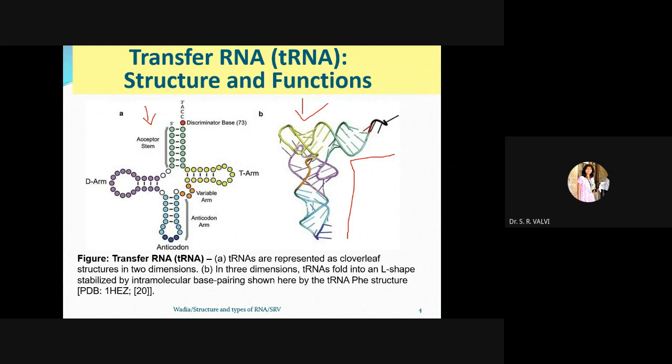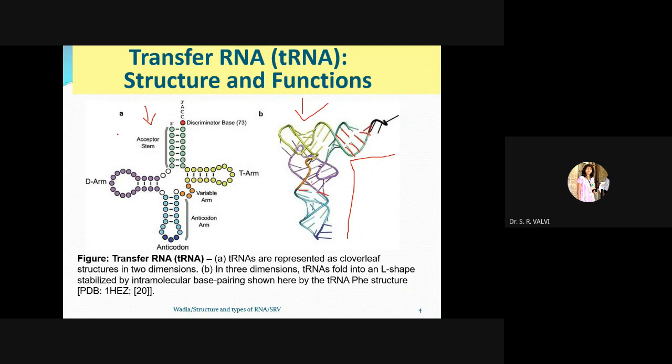This L shape is stabilized by intramolecular base pairing, and because of this base pairing we observe the stabilization of tRNA, which gives us the particular L shape.